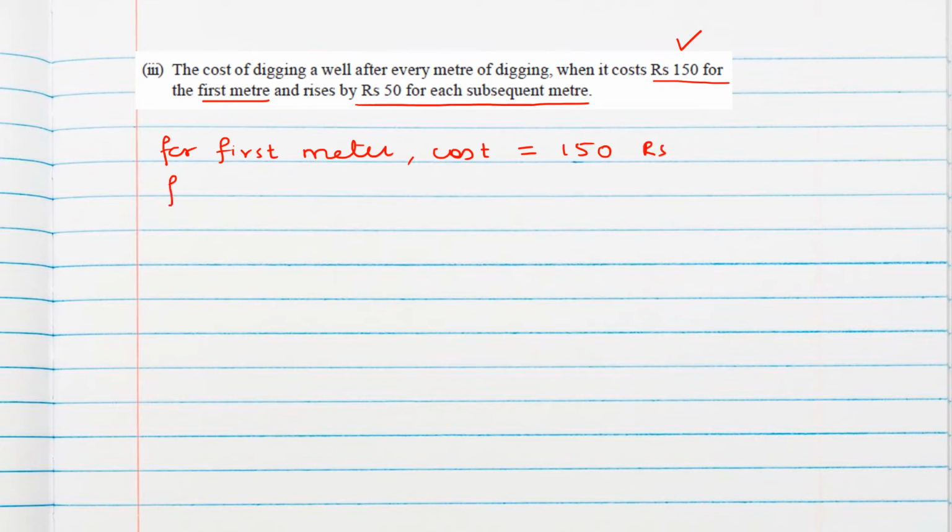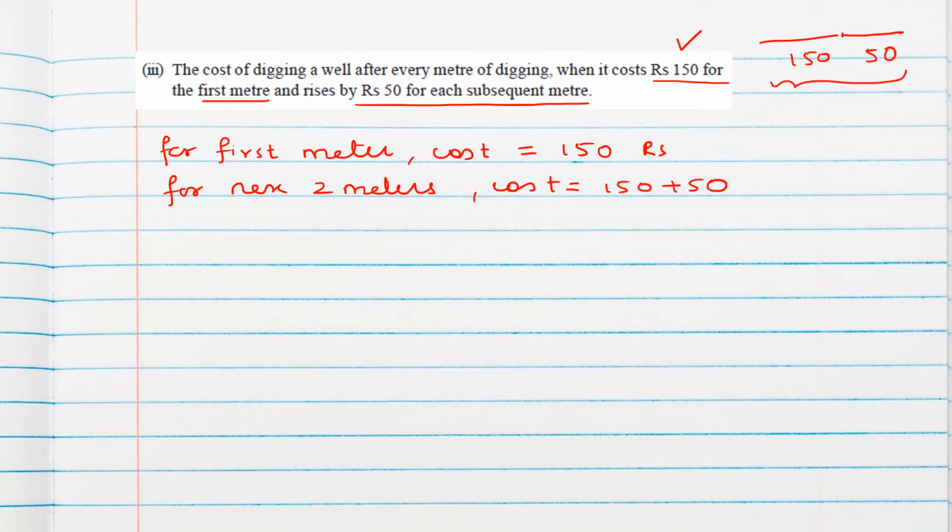Okay, for the next 2 meters, cost is, see, for 1 meter 150, then for the next meter 50 rupees. Okay, so total cost will be 150 plus 50. Then similarly for the third one, 150 plus 50 plus 50.